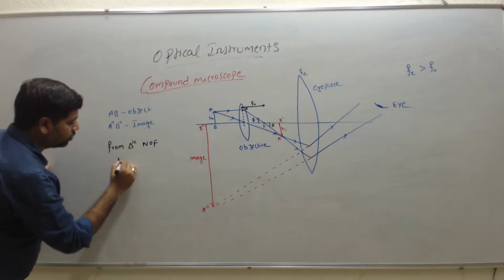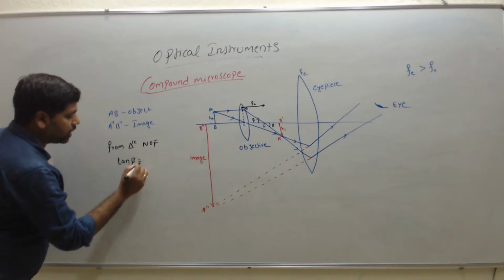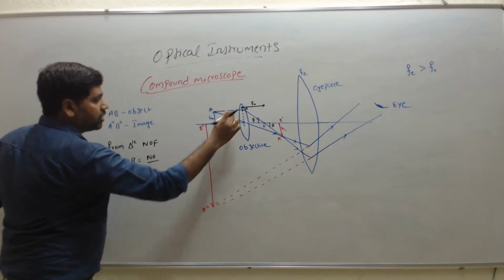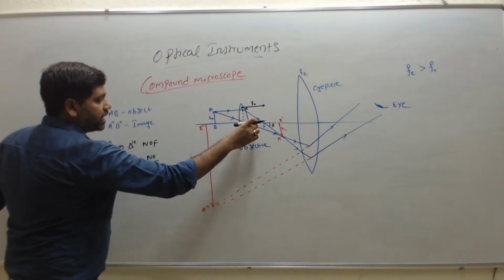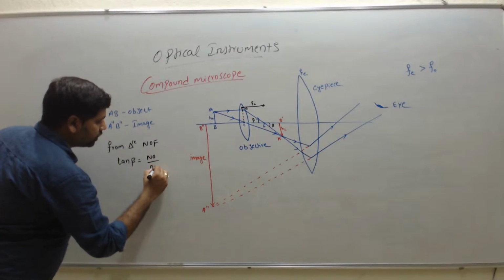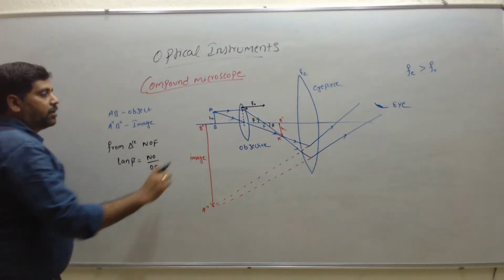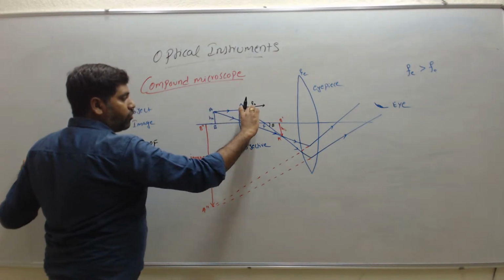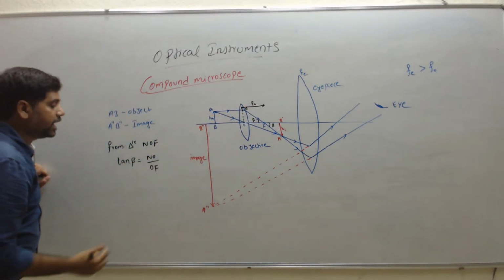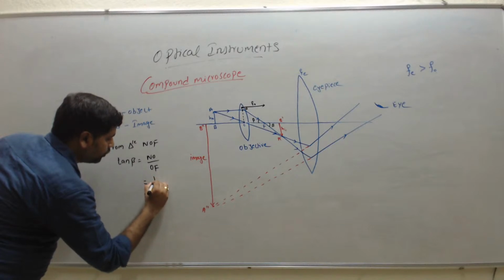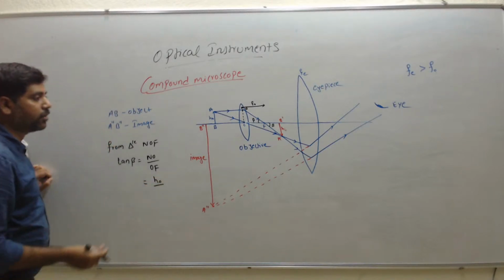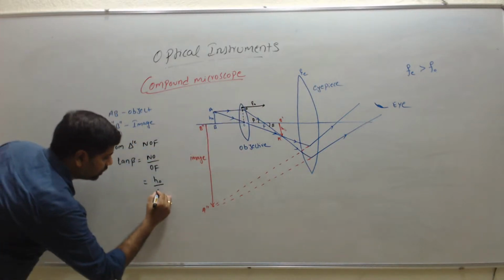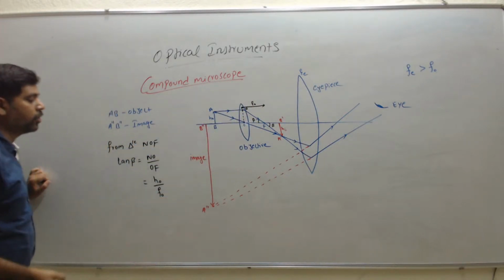From triangle NOF, we have tan beta equals the opposite side NO over the adjacent side OF. Here these are parallel rays, so AB is equal to NO, and NO is equal to H naught, where OF is the focal length of the objective, that is F naught.